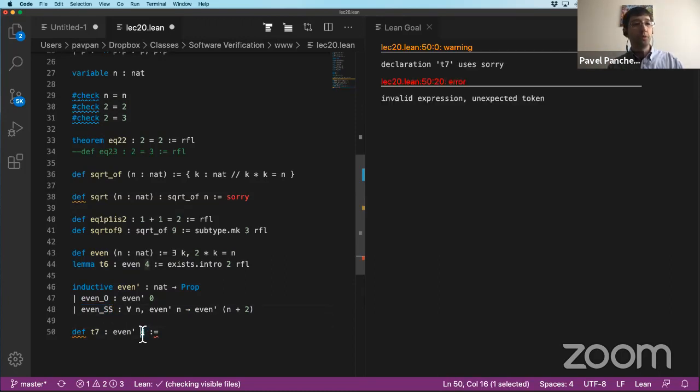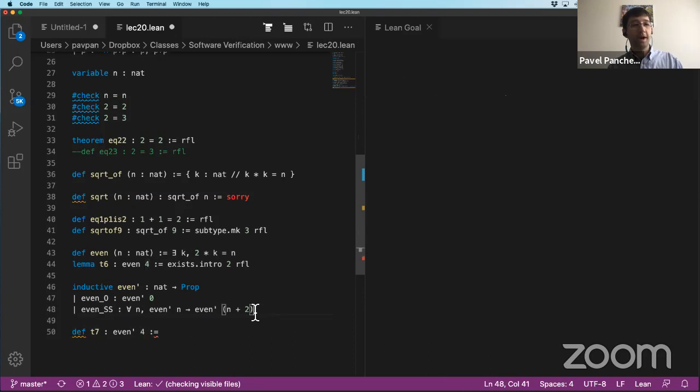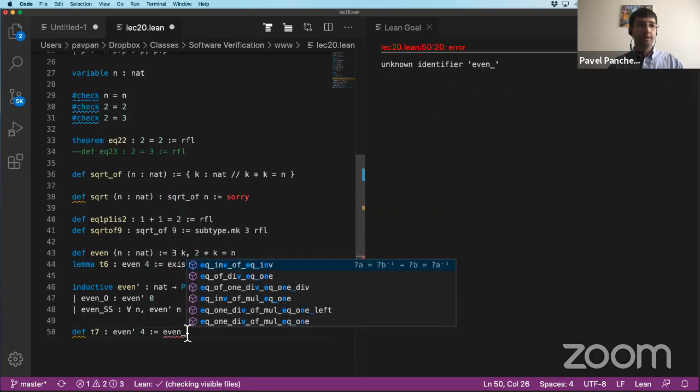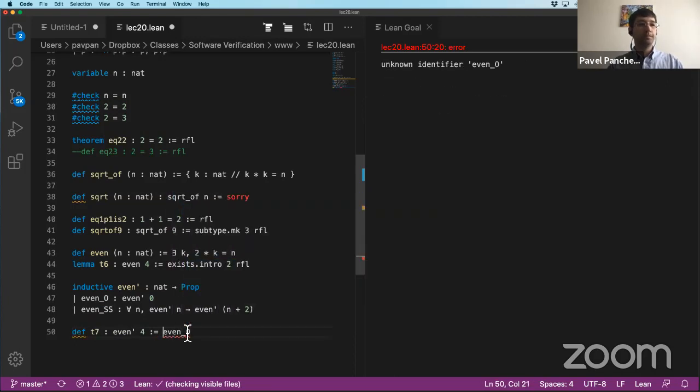So if I want to prove that 4 is even, well, what I've got here is a way to prove that if I can prove that 2 is even, and I can prove that 2 is even if 0 is even. So I can say that 4 is even because 0 is even.